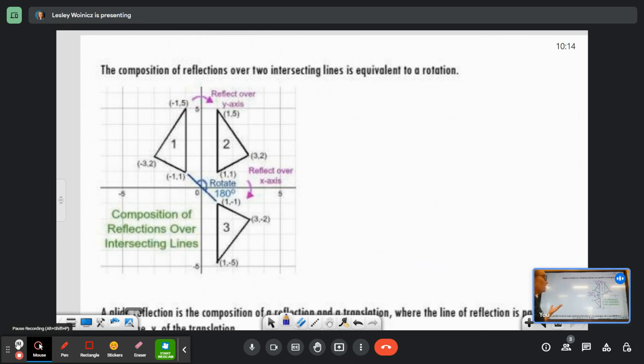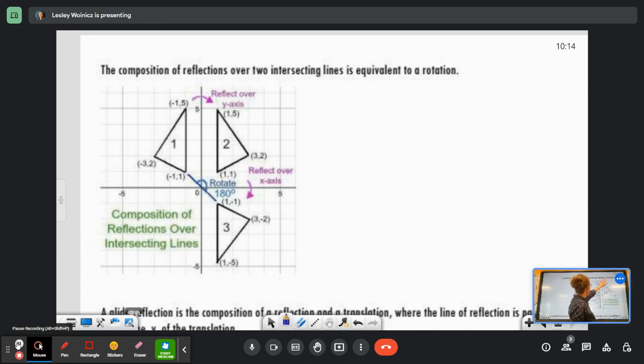But this composition is equivalent to this kind of rigid transformation. So if we have, where's our starting figure? Oh, here, they're labeled 1, 2, 3, duh.